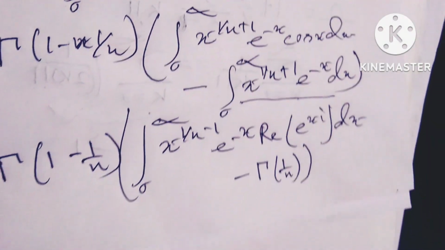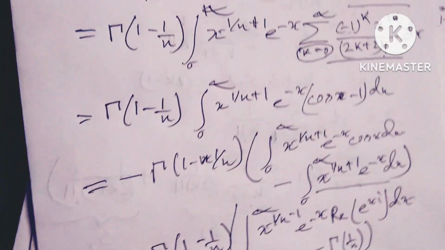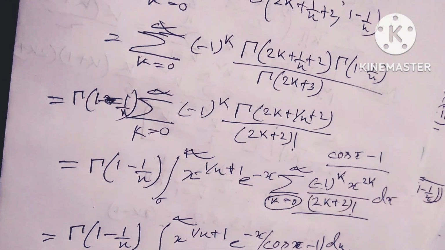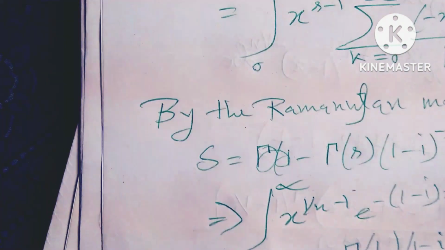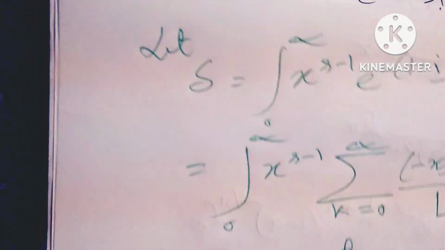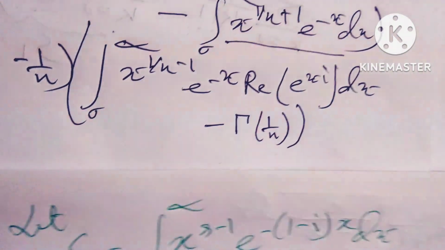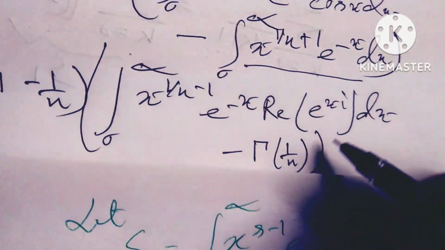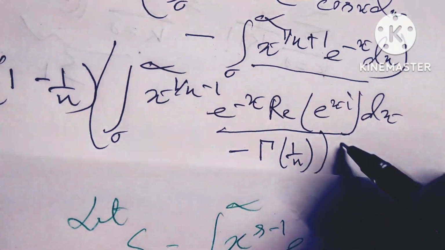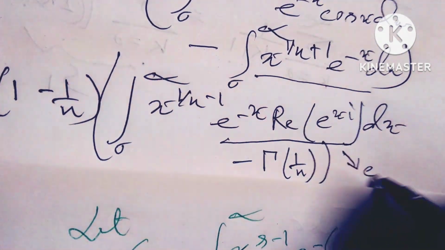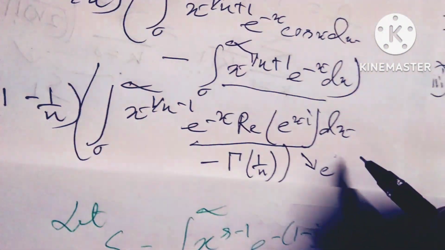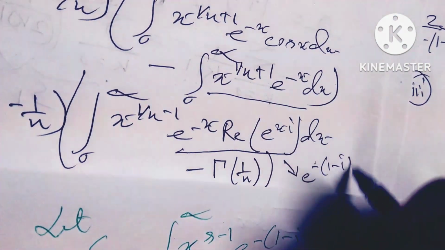Now friends, I have to use a little technique. I have used Ramanujan's Master theorem. So friends, this equation can be written with e to the power minus 1 minus i x.